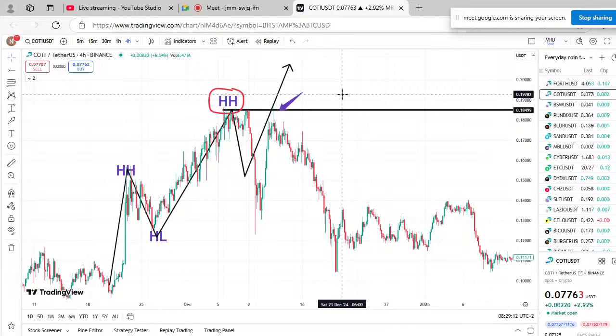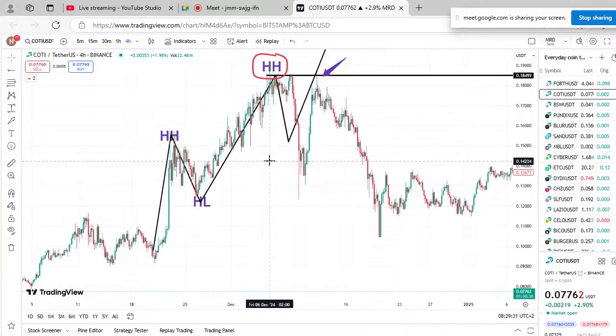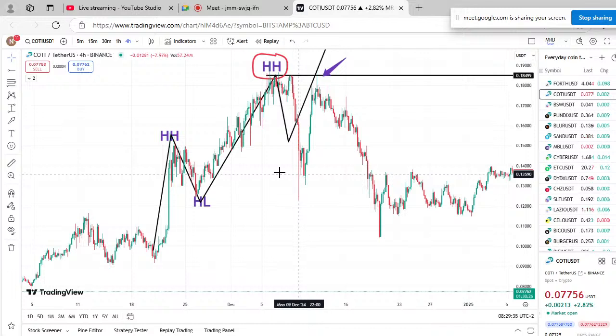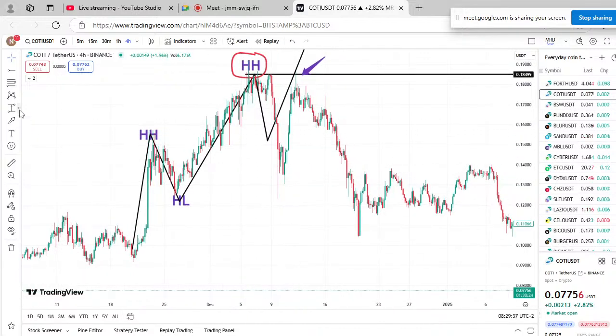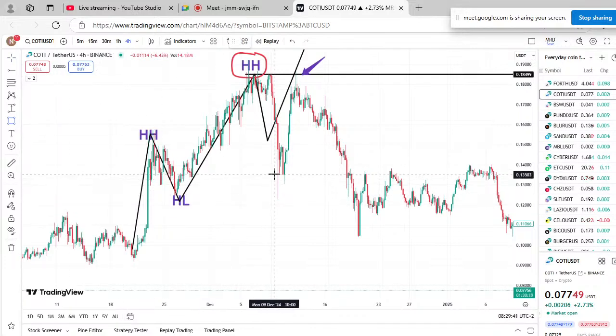Whenever you see the market failing to break the previous high, that is automatically an indication of a downtrend. Okay. What was our point of interest? It was the previous higher low. Now we could draw a line here because it is our previous low that we can consider.